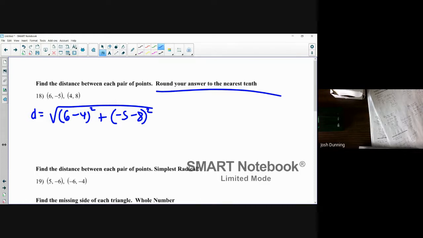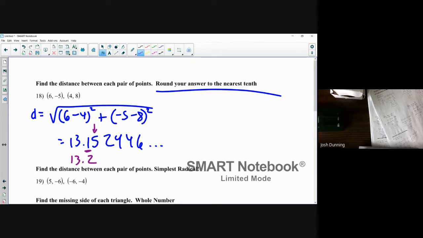Now when you type that in, you get 13.15294644. We don't need that many, but round to the nearest tenth. Here's the tenth, but you look at the 5. 5 or above, give it a shove, so that's 13.2 when you round.